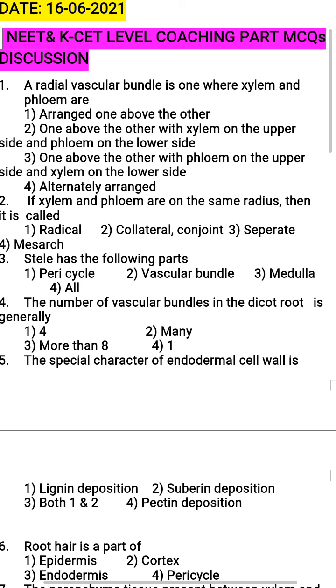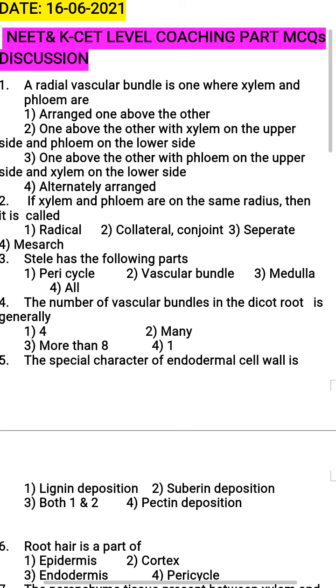The parenchymatous cells which lie between the xylem and the phloem are called conjunctive tissue. There are usually 2 to 4 xylem and phloem patches present. Got it, everybody?